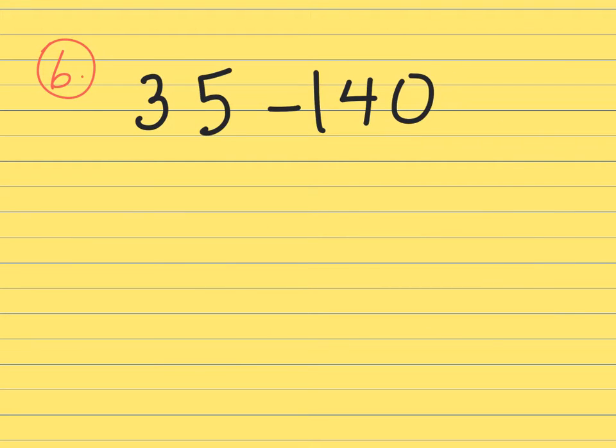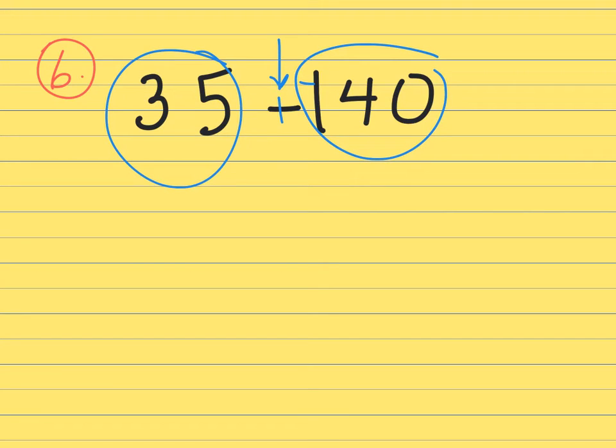This is a subtraction problem. It's not addition. So I want to make it into an addition problem. Well, I could do it a couple ways. I'm going to try this method. I'm going to add the opposite. That would turn this into a 35, and this would be a negative 140. These are now opposite signs, so I have to subtract them.